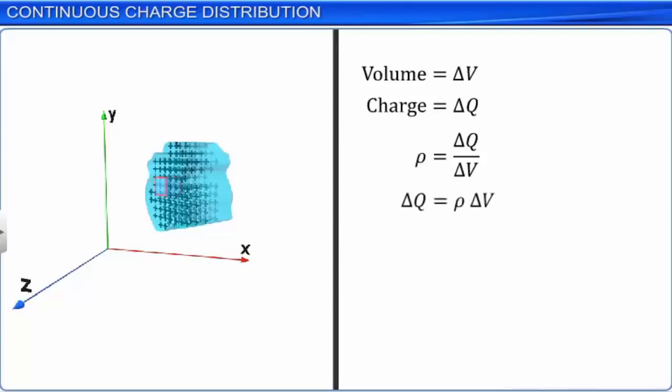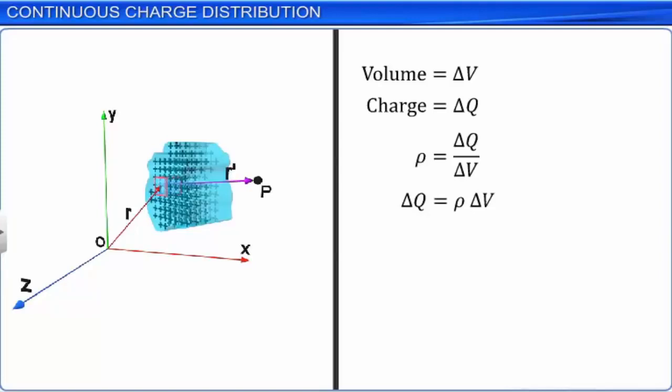The position vector of the volume element ΔV with respect to the origin O is R. Consider a point P in the electric field of the volume charge distribution, which is at a distance of R' from the volume element ΔV.